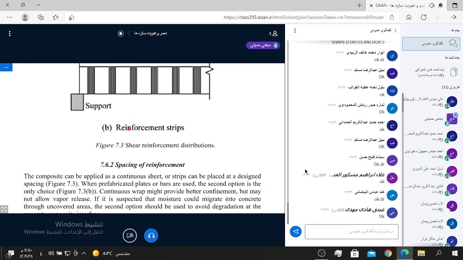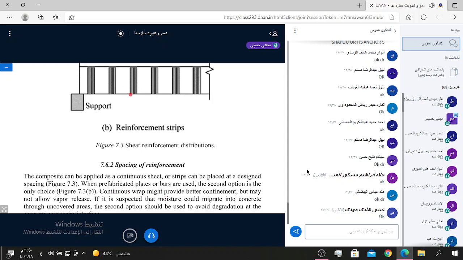You can see this example when prefabricated plates or bars are used. The second option is the only choice.